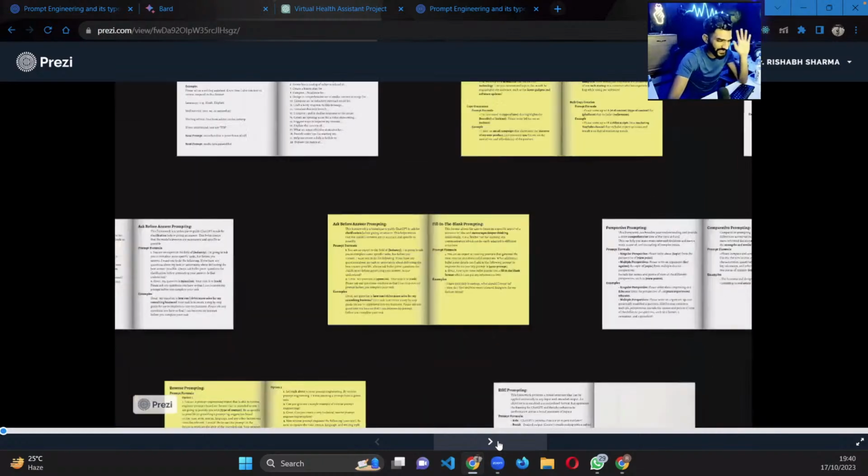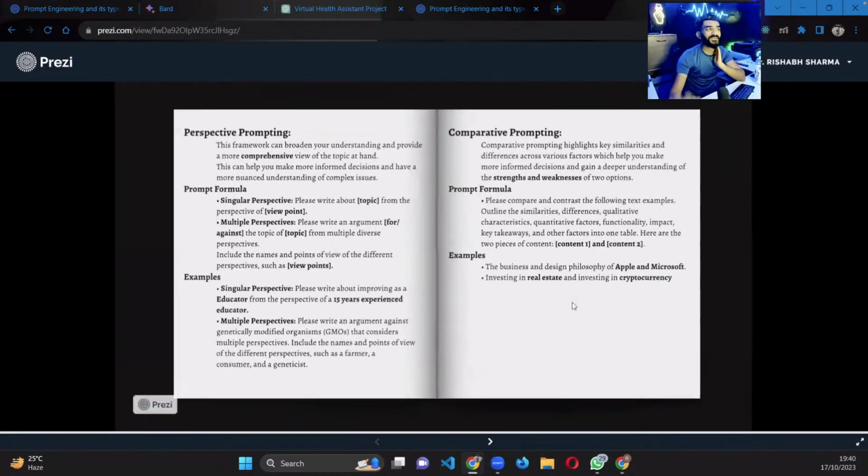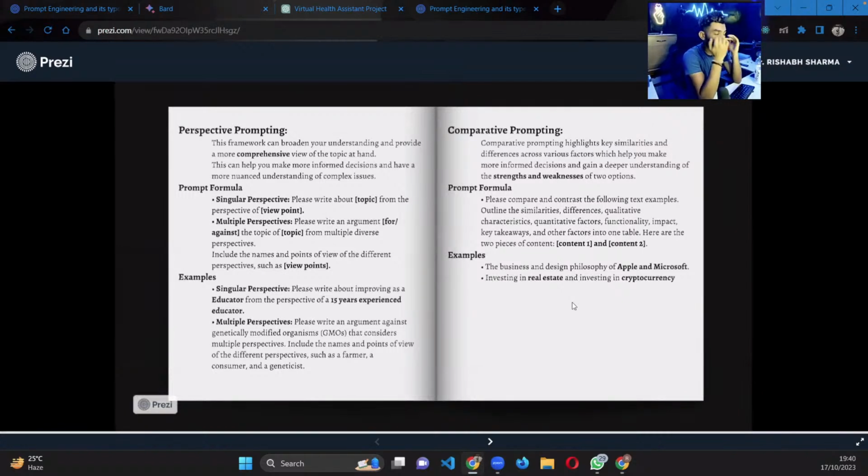I'm not going deep. What are the limitations of ChatGPT 3.5? See, the limitations of ChatGPT 3.5 are that first of all it is trained on the old data set, right? It is always trained on the old data set. So as of now this is the limitation of ChatGPT 3.5, as well as in ChatGPT 3.5 I can only send text, but in ChatGPT 4 I can send some files as well.